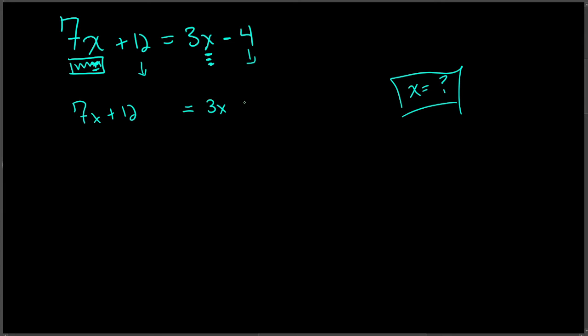I want to get rid of this from this side, so I subtract it. And because this is something I did to this side, I also have to do it to that side. Now, because I chose this to undo or remove the variable from this side, it does what I wanted. That variable goes away, and I'm left with negative 4 on the right-hand side.